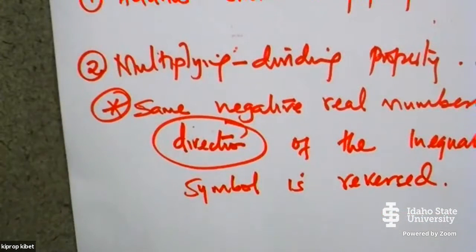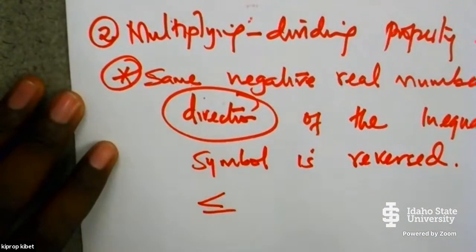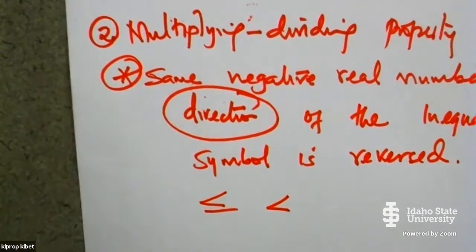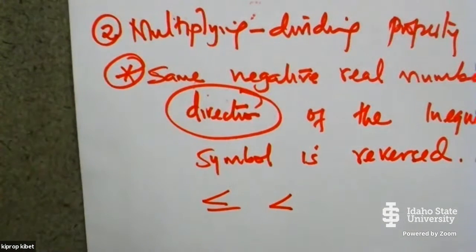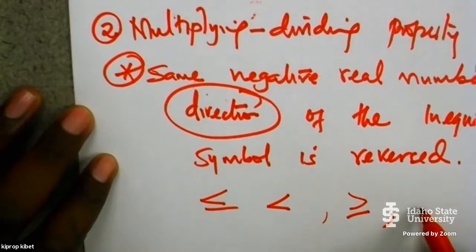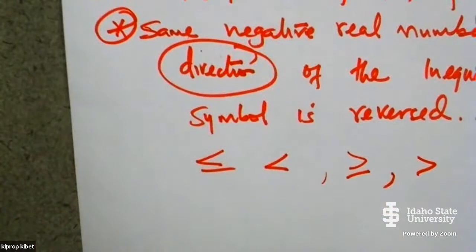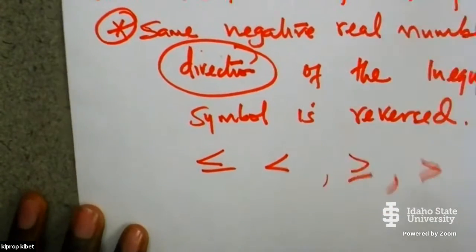So if you multiply by a negative real number, you need to reverse the symbol. If it was in this direction or that direction, then if you multiply by a negative real number, you need to reverse it. Okay? So you need to reverse it.